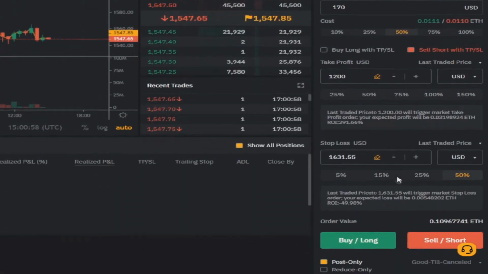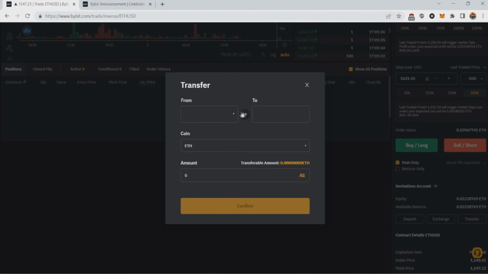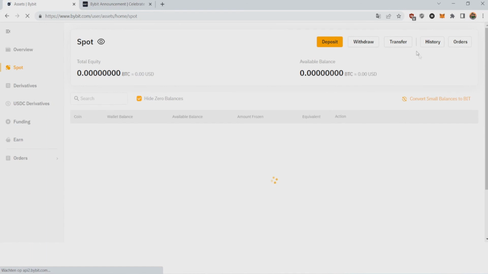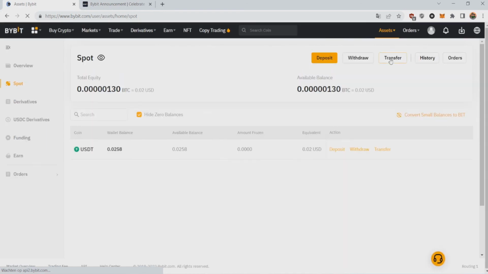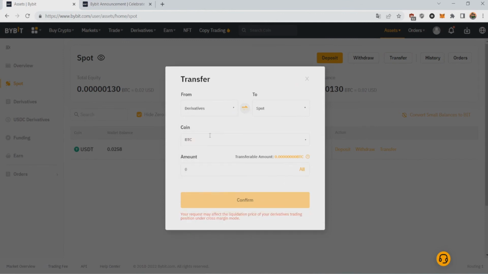Then another question that people are going to ask: if I have money in my derivative account, how do I get it back to my spot? Because when I click on transfer, you cannot select another one. So that's why I'm going to help you guys once again. You just go to assets, spot wallet, guys. So really easy. And then you're just gonna do transfer on this one, and then you're gonna select from the derivatives wallet to your spot wallet.